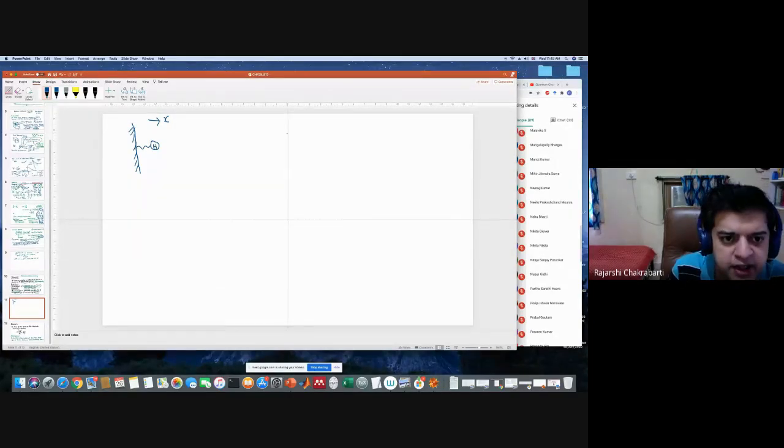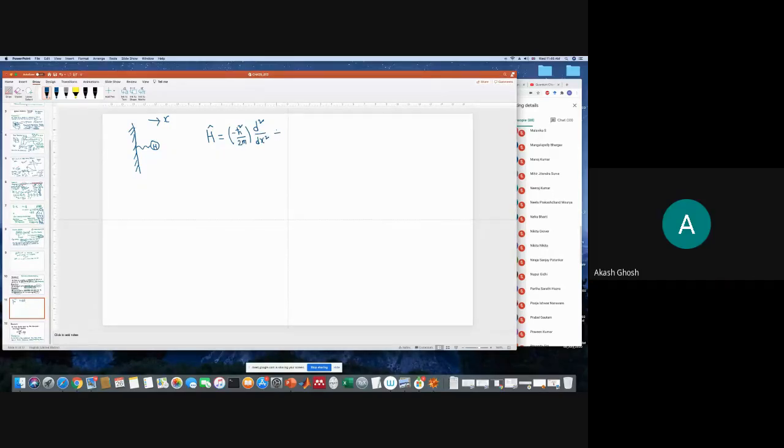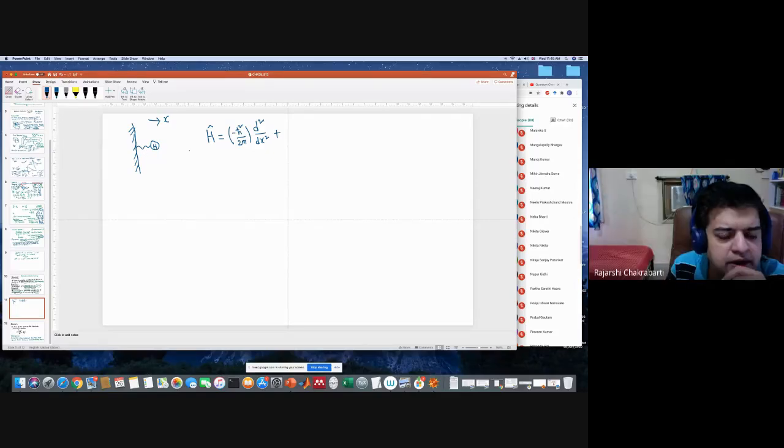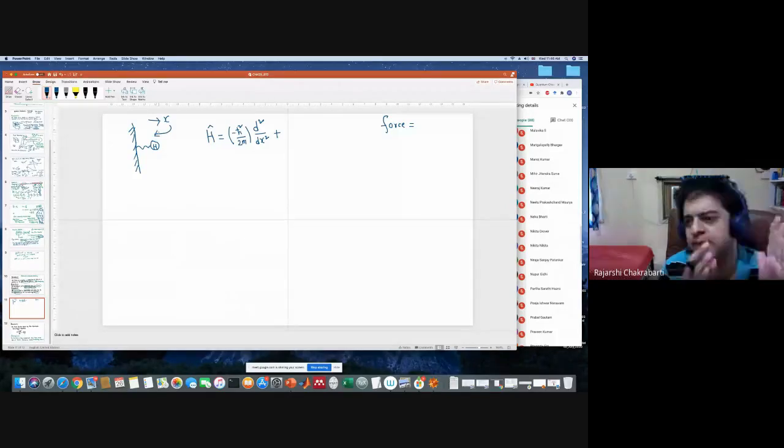Okay, so let me write down the Hamiltonian of the system. Any idea what could be the Hamiltonian operator? It is going to be h cross square by twice m, in one dimension, plus something. I assume the simplest possible model, such that the force acting on that particle, if you pull it in this direction, is a restoring force which will pull it back towards the metal surface.